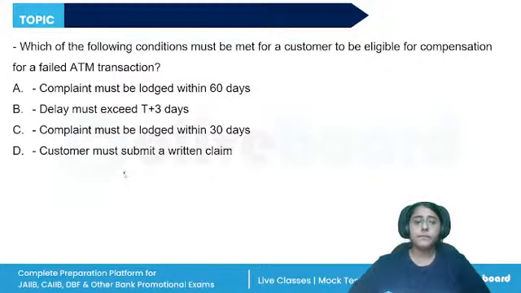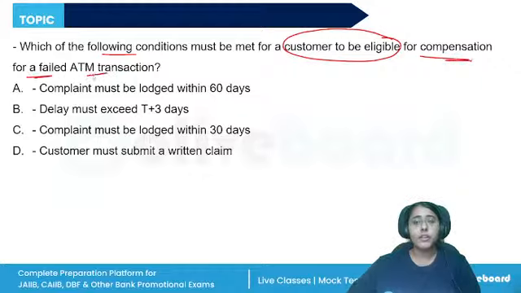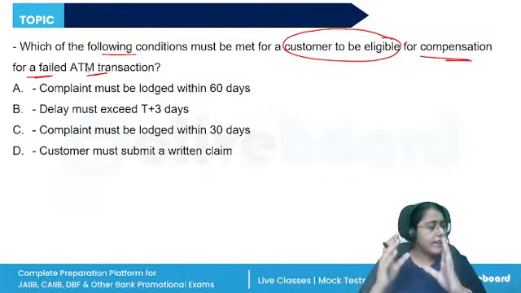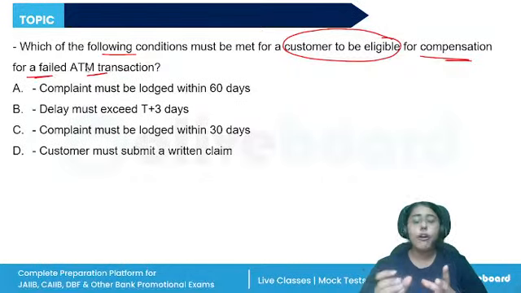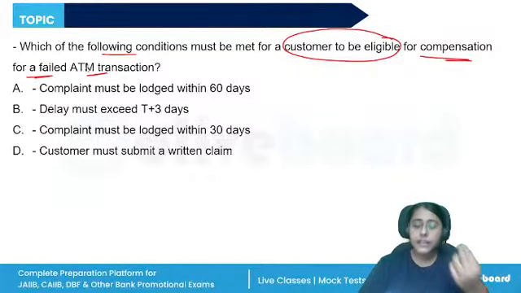All right, next question. Which of the following conditions must be met for a customer to be eligible for compensation for a failed ATM transaction? See, failed ATM transaction means that when the amount was debited from the customer's account but the cash was not dispensed. This is the failed ATM transaction.